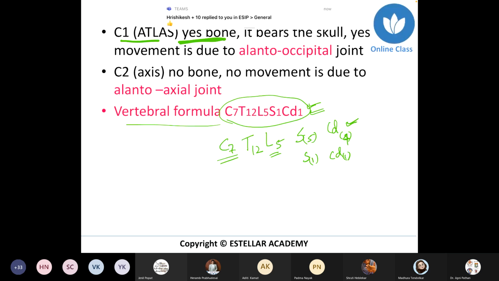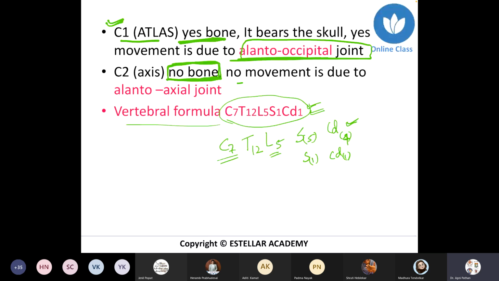Quick. Upward and downward. That movement is due to the atlanto-occipital joint. So that movement is due to C1, that is atlas. So that is called the yes bone. When you say no, you move it sideways, right? That is called the no movement, and that is due to the atlanto-axial joint. Point is clear to all?